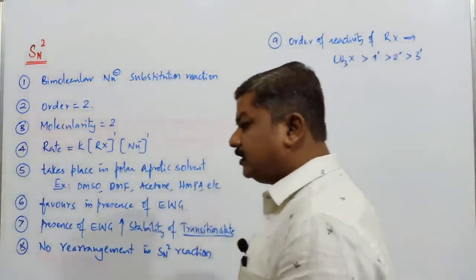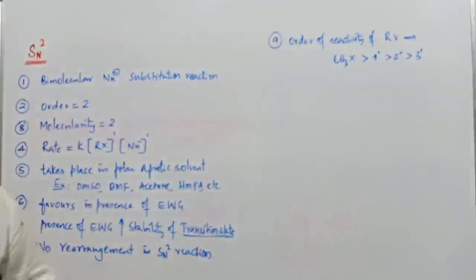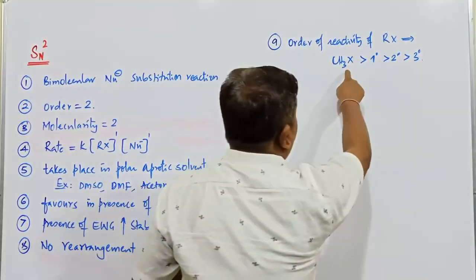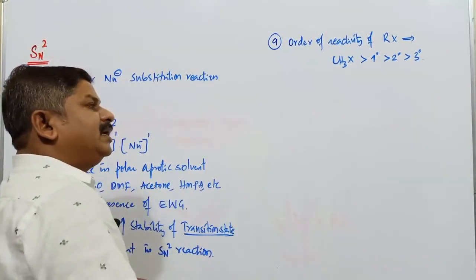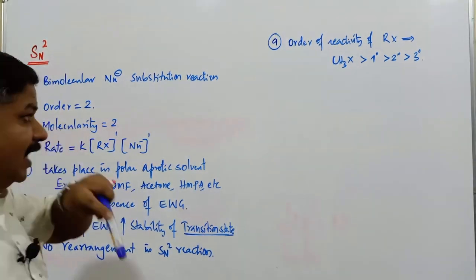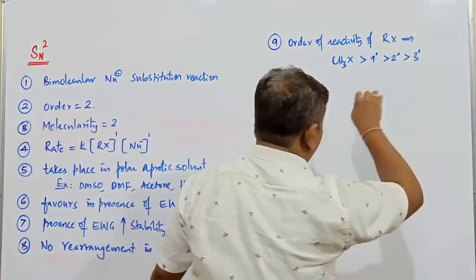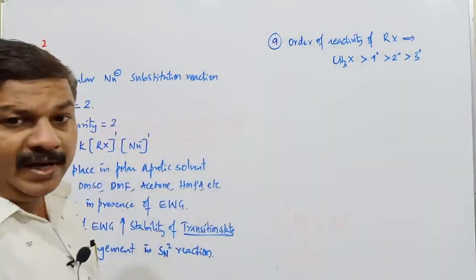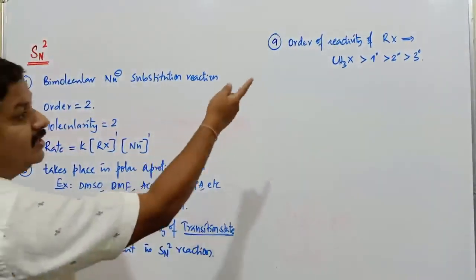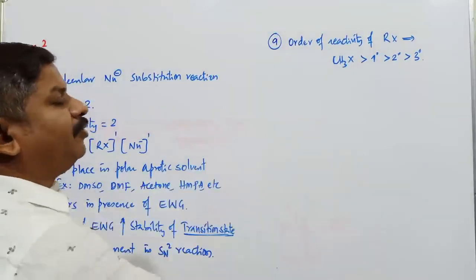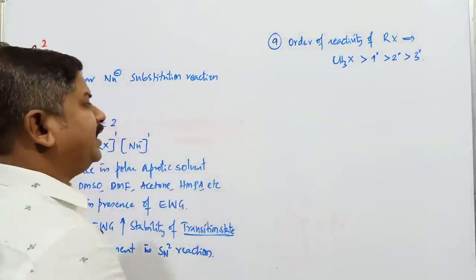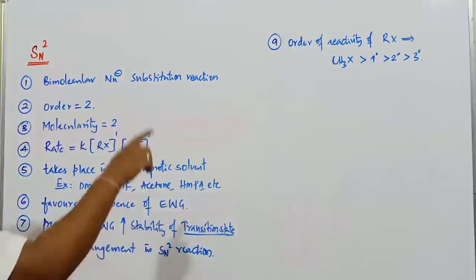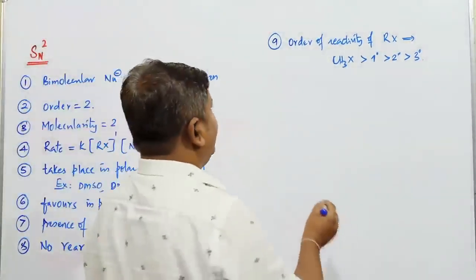If you take very simple alkyl halides, primary, secondary and tertiary, this order is generally followed. Methyl halides are more reactive compared to primary alkyl halides, and tertiary alkyl halides are the least reactive in nature. But what is the order of reactivity in the SN1 mechanism? It is exactly reverse. Tertiary is more reactive and methyl halide is less reactive, but it is reversed in the SN2 mechanism.